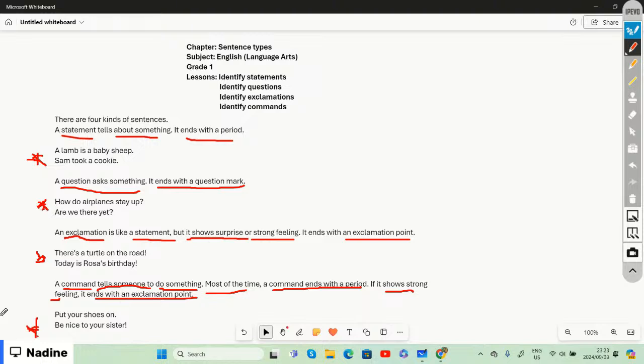All right. So these are the four kinds of sentences. We have a statement, a question, an exclamation, and a command.